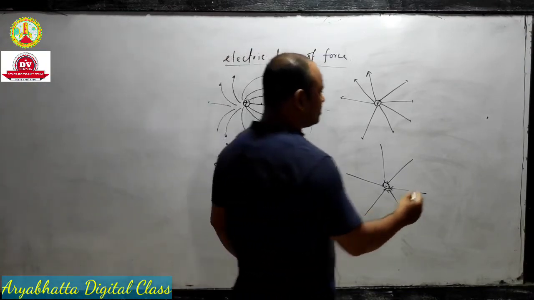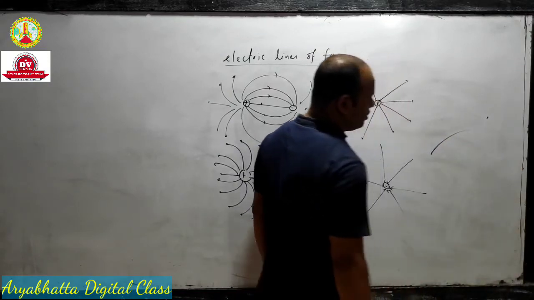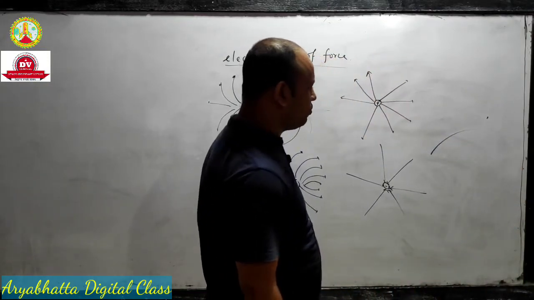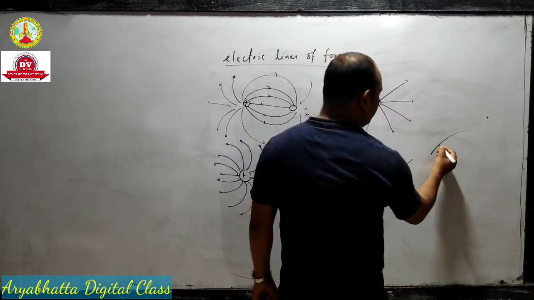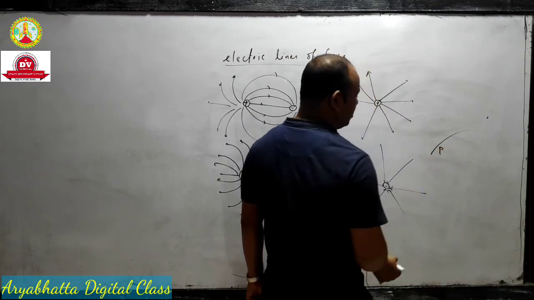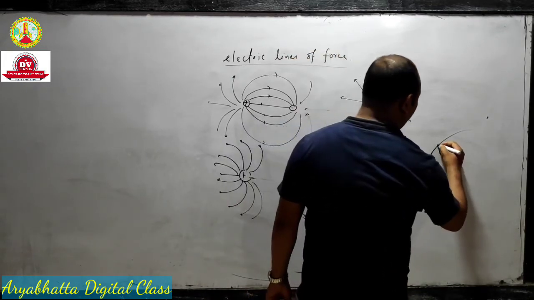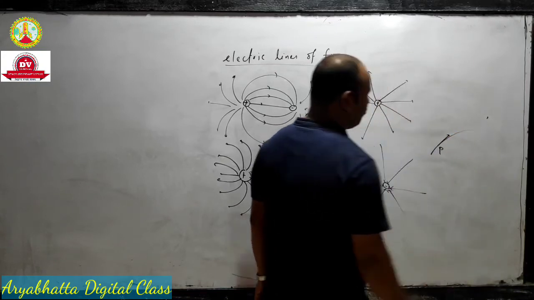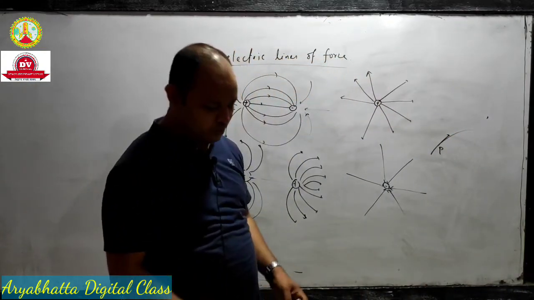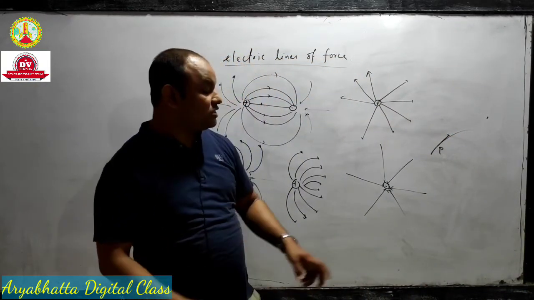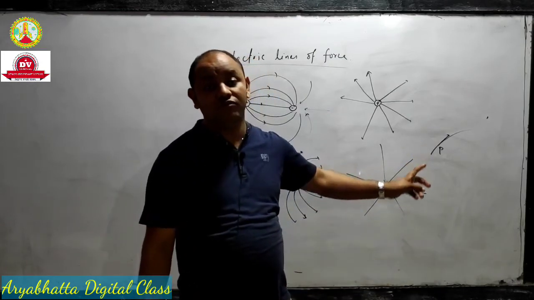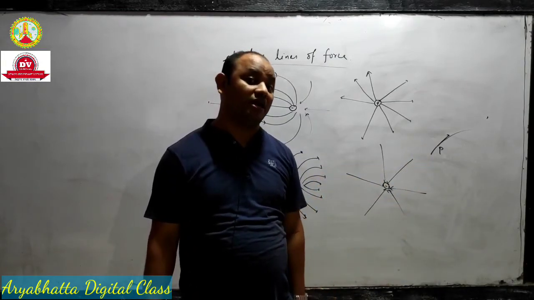Suppose this is an electric field line. Okay, suppose P is any point on this field line, and if you draw a tangent at that point, the tangent at point P will give you the direction of electric field at that point.